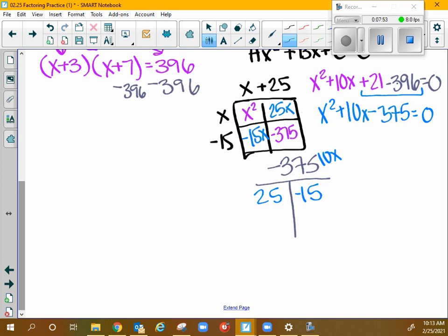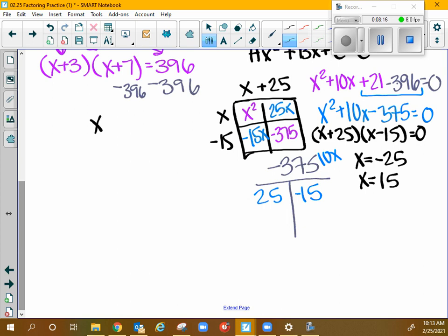So I've got x plus 25 times x minus 15 equals 0. So x equals negative 25 and x equals 15, because you have to set them equal to 0. So x plus 25 equals 0, so you have to subtract.